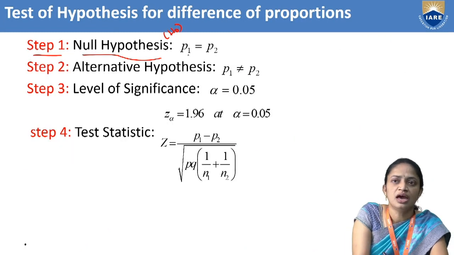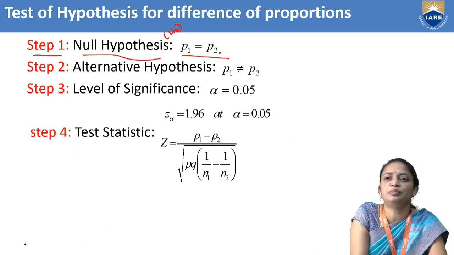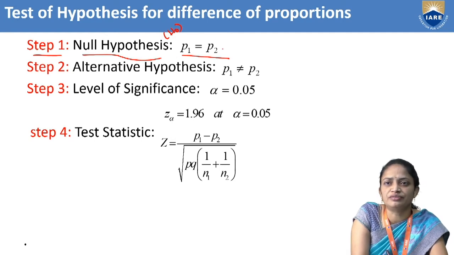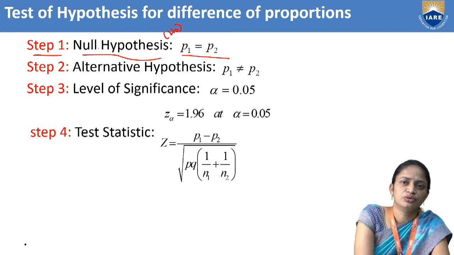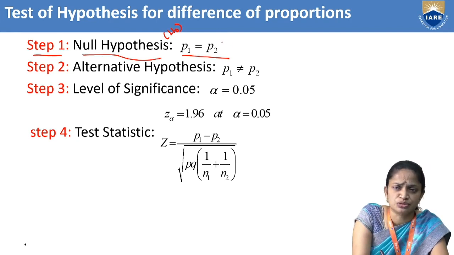I am taking the null hypothesis as: there is no difference between the sample proportions. That means P1 equal to P2.